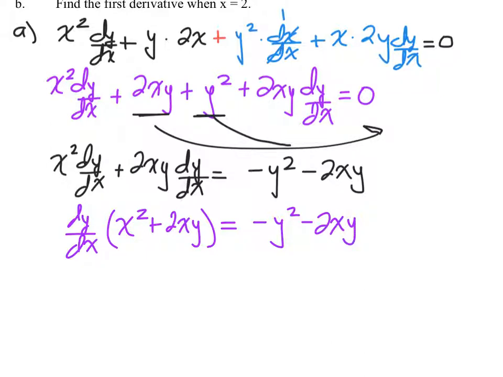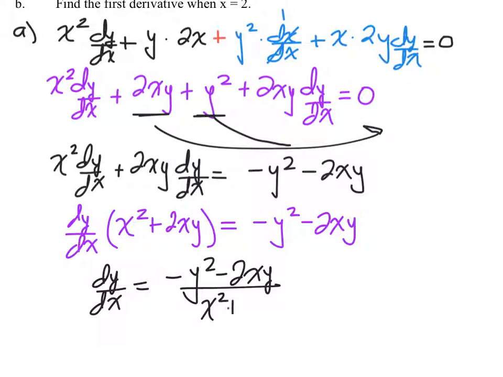And then divide by the multiplier of dy dx, so divide by x squared plus 2xy. All right, so we're going to get dy dx equal to negative y squared minus 2xy over x squared plus 2xy.